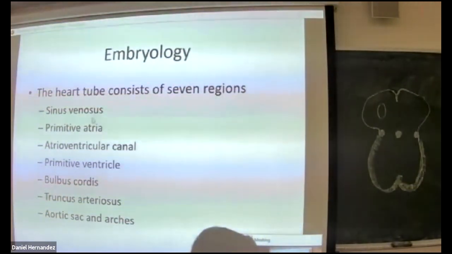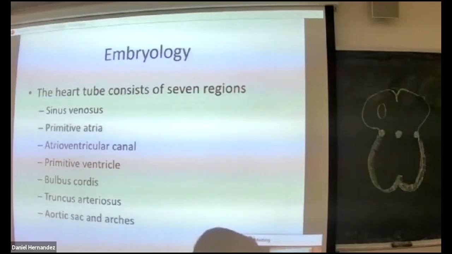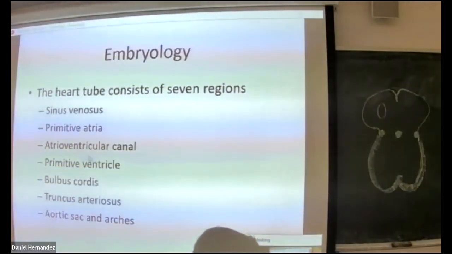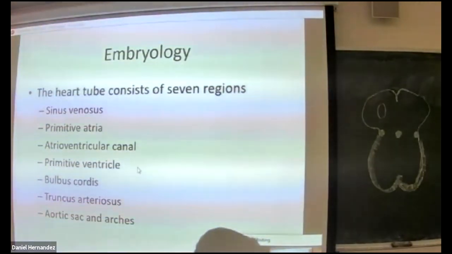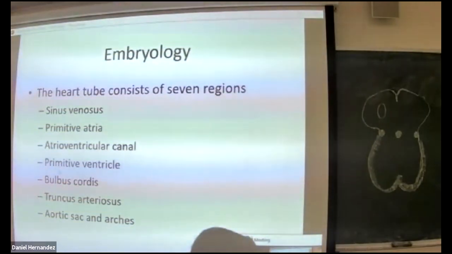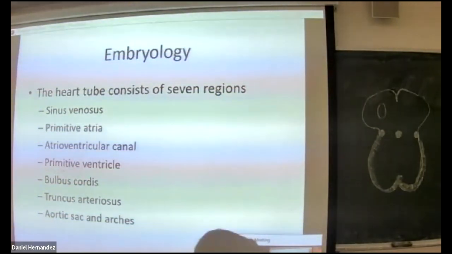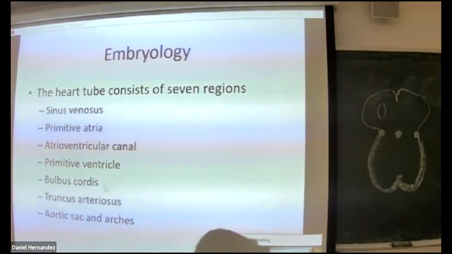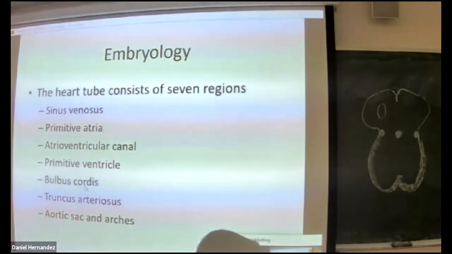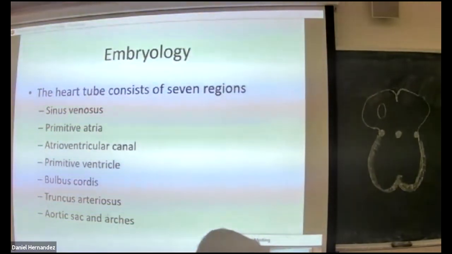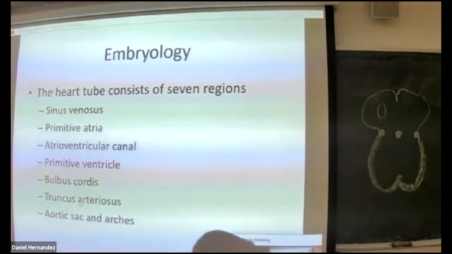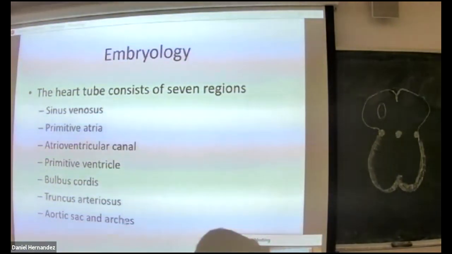The primitive atria. You'll have an AV or atrioventricular canal. Your primitive ventricles. The bulbus cordis. The truncus arteriosus. And the aortic sac and arches.